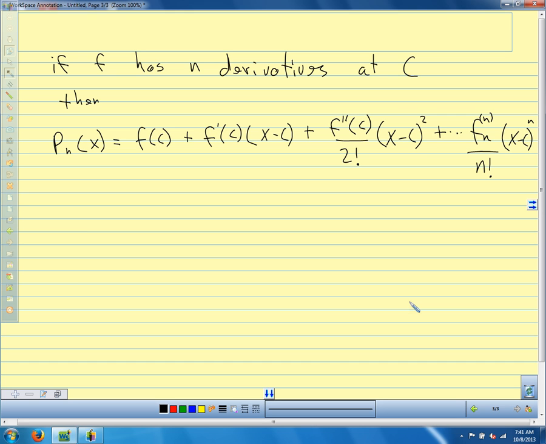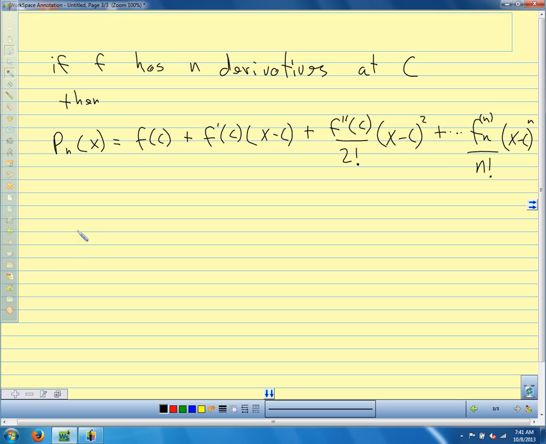So this is how we're going to write our Taylor series expansion that guarantees that our function agrees with our approximation at c. Our first derivative agrees with the first derivative at c. The second derivative agrees. Third derivative agrees, etc., for as many derivatives as f has, or for as many terms as we want to include in our approximation.